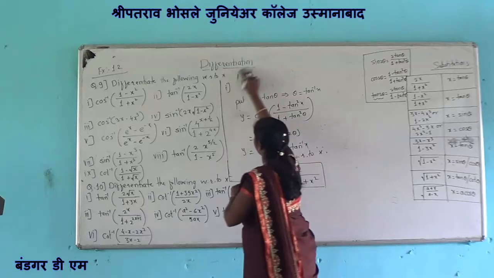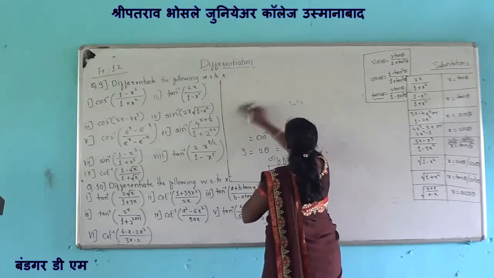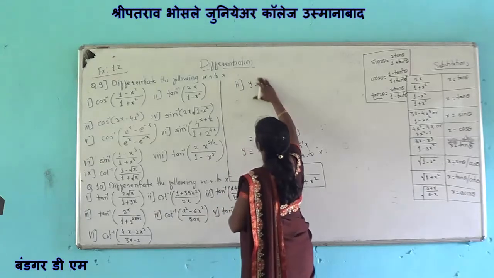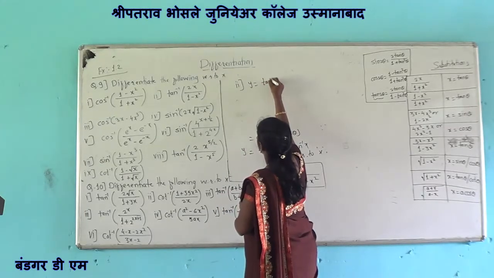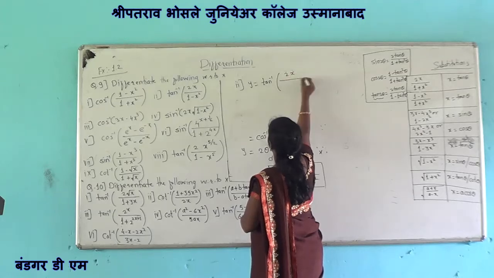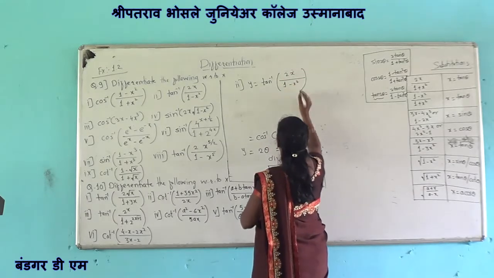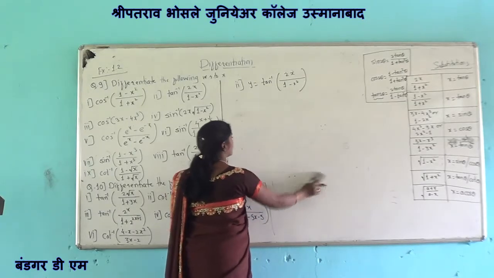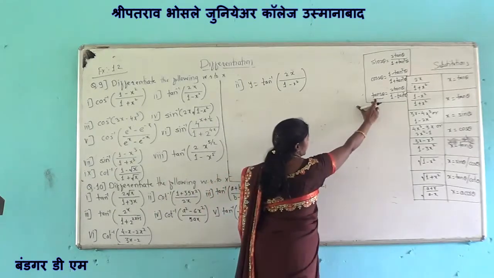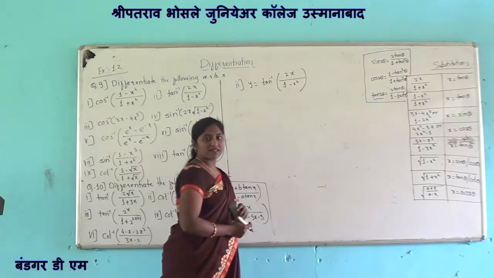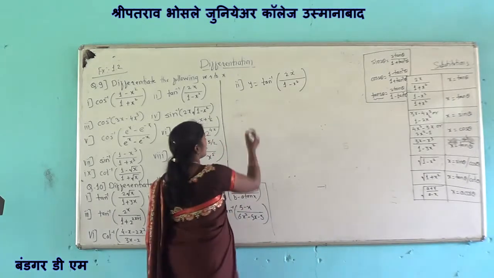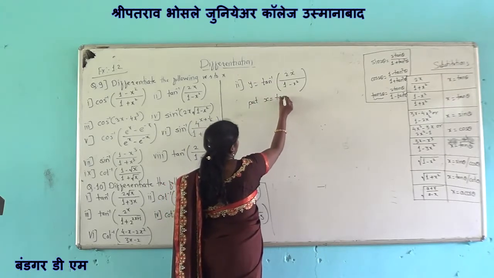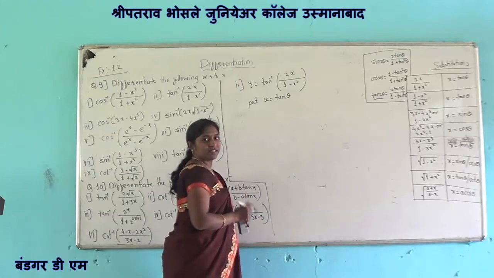So, second example we are going to solve is y is equal to tan inverse of 2x upon 1 minus x square. So, we know the formula for tan 2 theta is 2 tan theta upon 1 minus tan square theta. To use the formula, we have to put x is equal to tan theta.